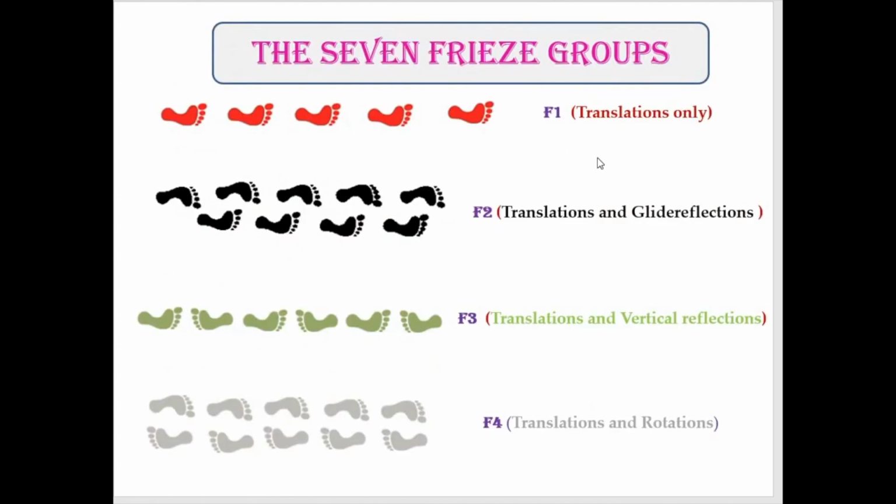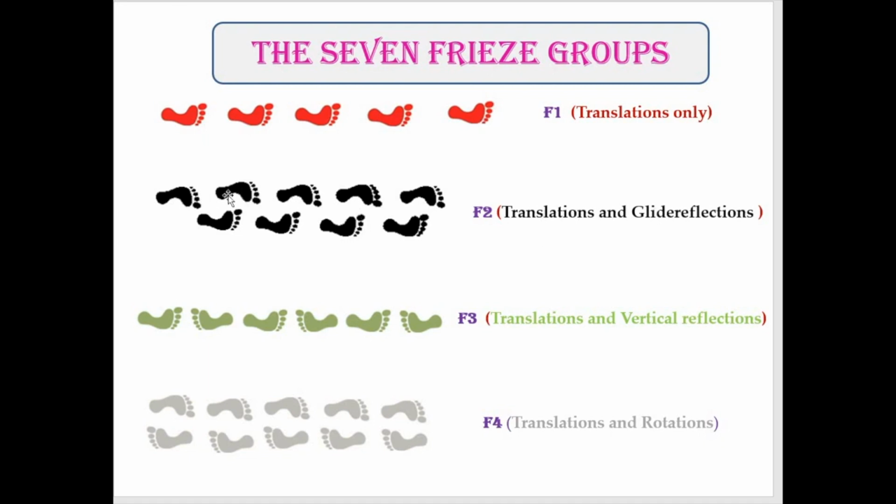Now we will explain with the help of this motif what we mean by F1, the frieze group. We have said that there are seven frieze groups: F1, F2, F3, F4, F5, F6 and F7. So how will my F1 look like? Once I have this motif, my F1 with just translations, this is what we have. And then translation and glide reflection.